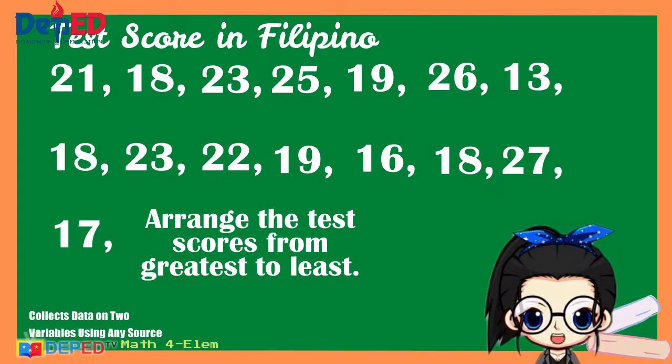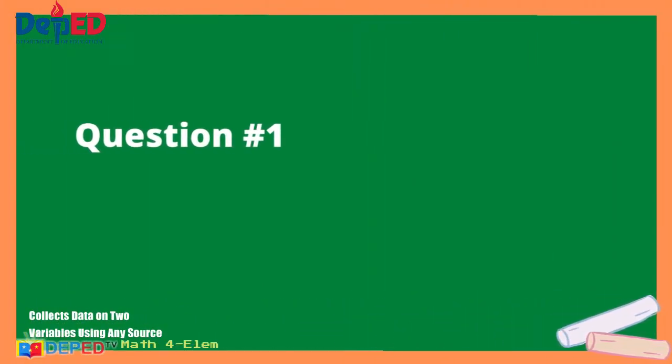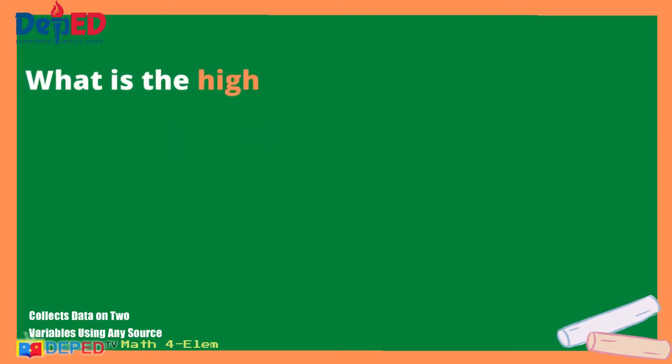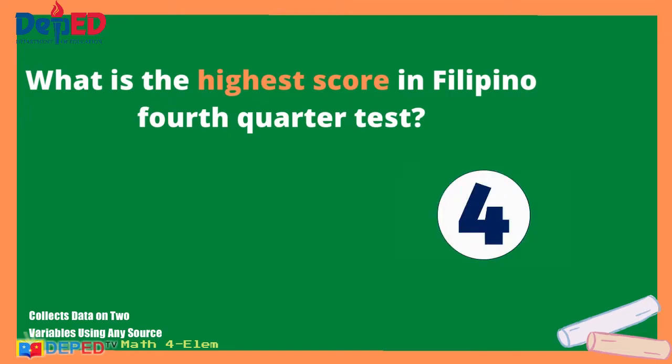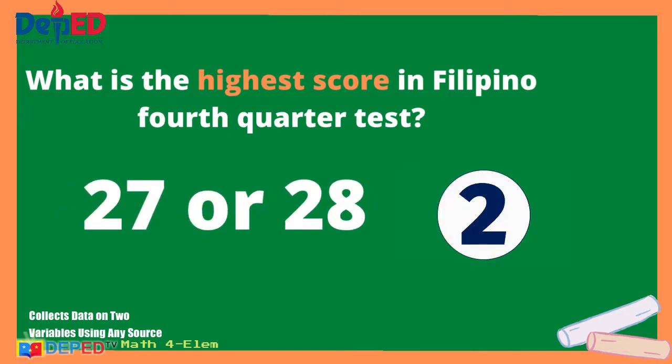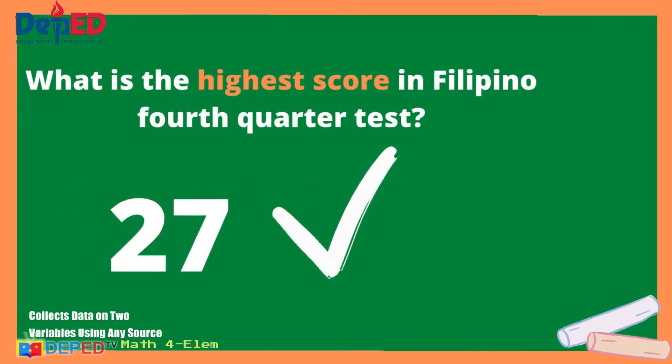Arrange the test scores from greatest to least. Answer the following questions. Question number 1. What is the highest score in the Filipino fourth quarterly test? Is it 27 or 28? If your answer is 27, you're right!